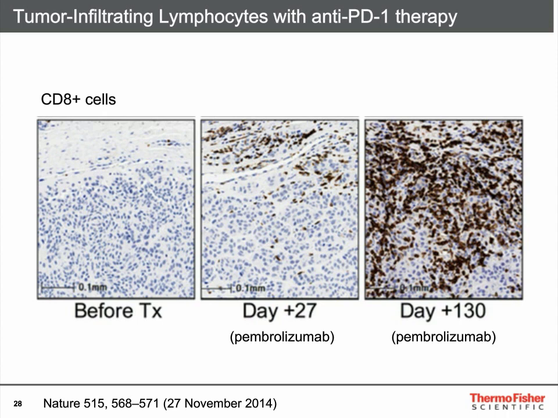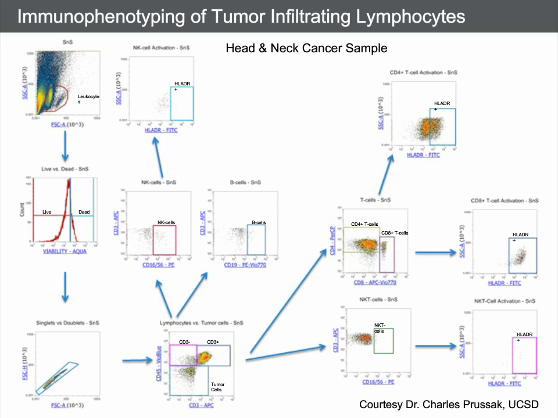So in this type of analysis, it's critical to have a very strong understanding of what's going on in this tumor microenvironment. Flow cytometry plays a very valuable part here, where we have many different types of cells to identify, but also we would like to know things about those cells, such as their activation state.